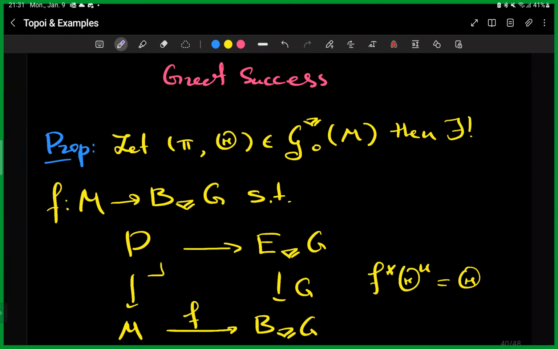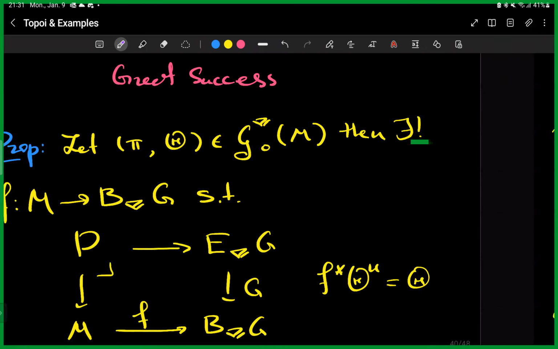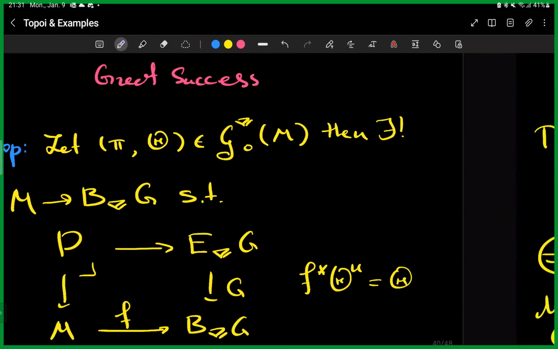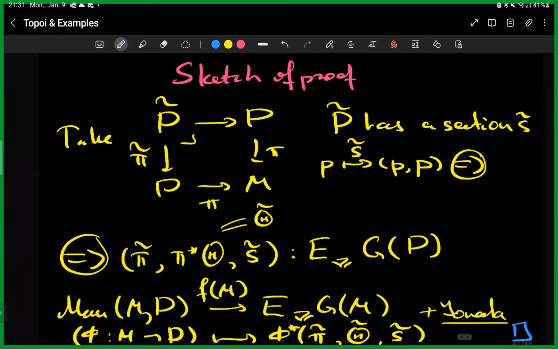So if we have an arbitrary bundle with connection, then we have a unique classifying morphism which goes into this B nabla G and pulls back E nabla G into P and pulls back the universal form into our form, which we specified earlier. Okay. So that's great. We basically completed our tasks.